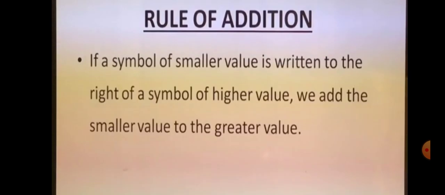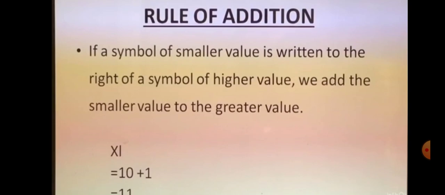Okay. Next is the rule of addition. If a symbol of smaller value is written to the right of a symbol of higher value, we add the smaller value to the greater value. Here the example is XI.